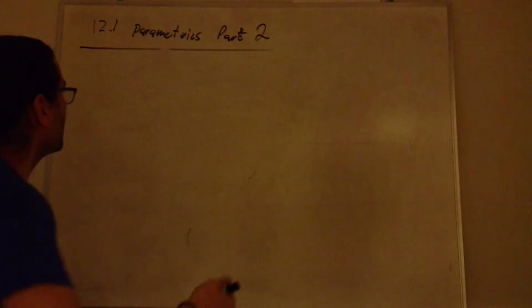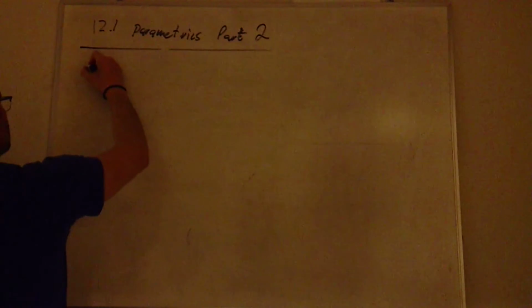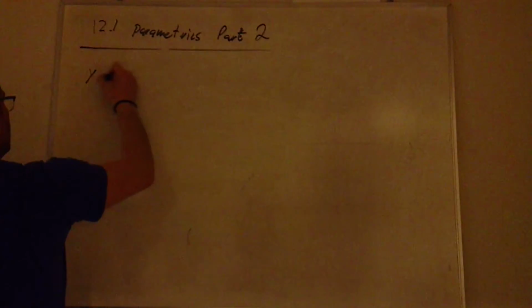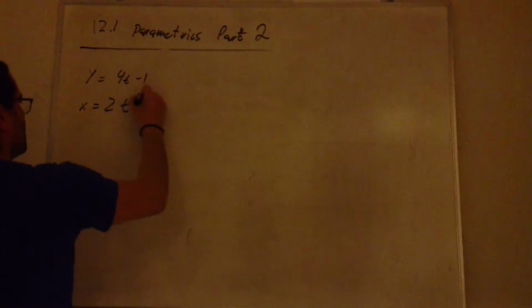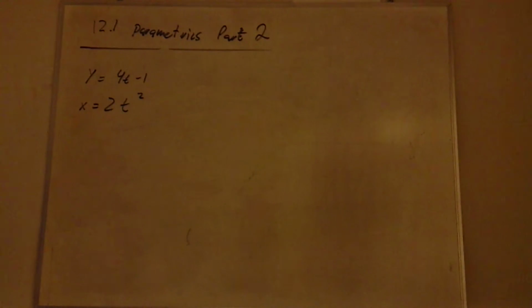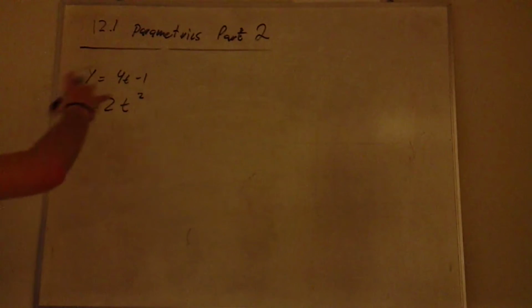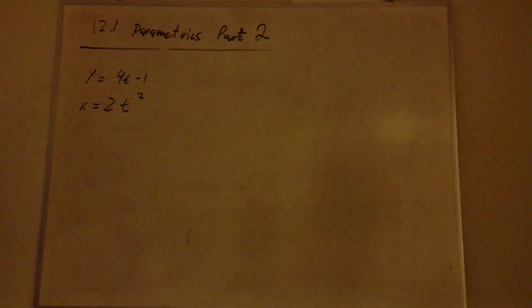Okay, so the first example was y equals 4t minus 1 and x equals 2t squared. This was what we started with. And my goal for right now is to eliminate the variable so that I have a function of just x's and y's.